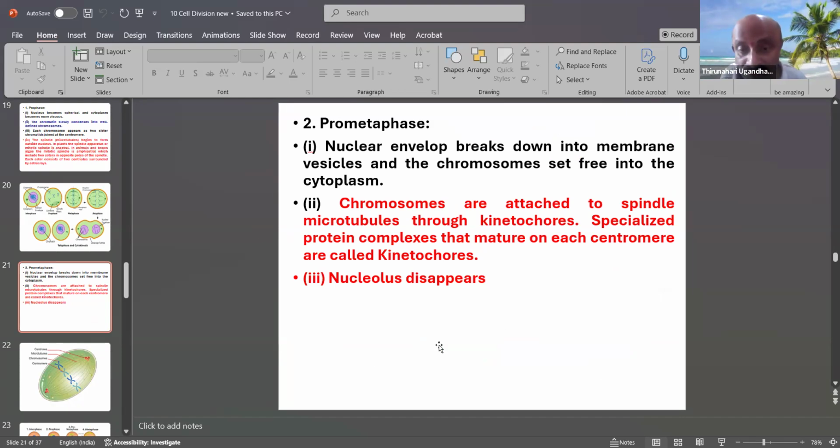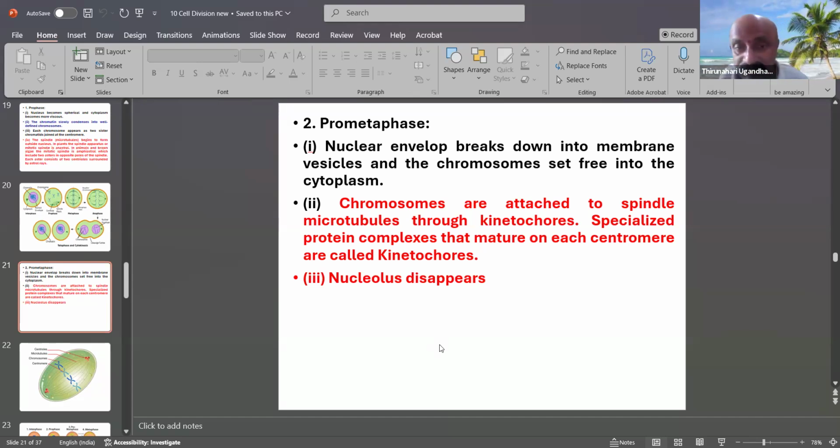Then the chromosomes attach to spindle microtubules through kinetochores, specialized protein complexes that mature on each centromere. The nucleolus also disappears.